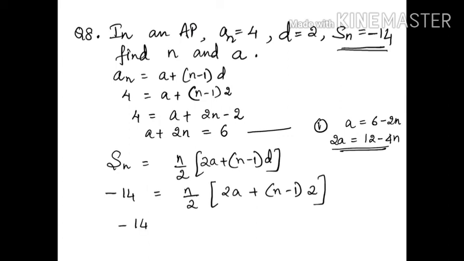So minus 14 is equal to n upon 2 in brackets 12 minus 4n plus n minus 1 times 2. Now we see that this equation is only in one variable, that is n. So let's simplify. We get minus 14 equal to n upon 2 in brackets 12 minus 4n plus 2n minus 2.